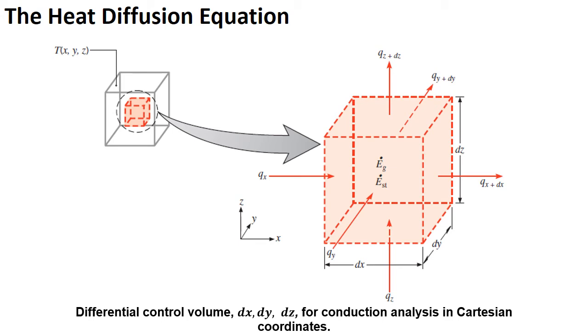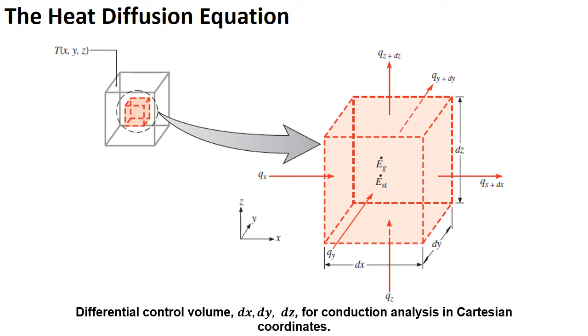The amount of heat that goes out of the cube in the x direction is qx plus dx. The amount of heat that enters the cube in the y direction is qy, and the amount that goes out in the y direction is qy plus dy. The amount of heat that goes into the cube in the z direction is qz, and the amount that goes out in the z direction is qz plus dz.